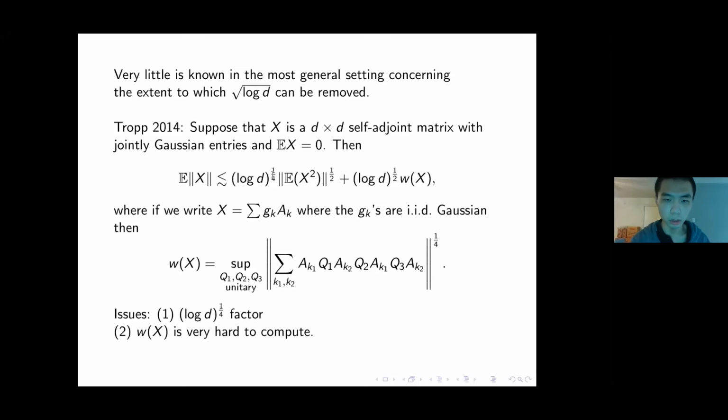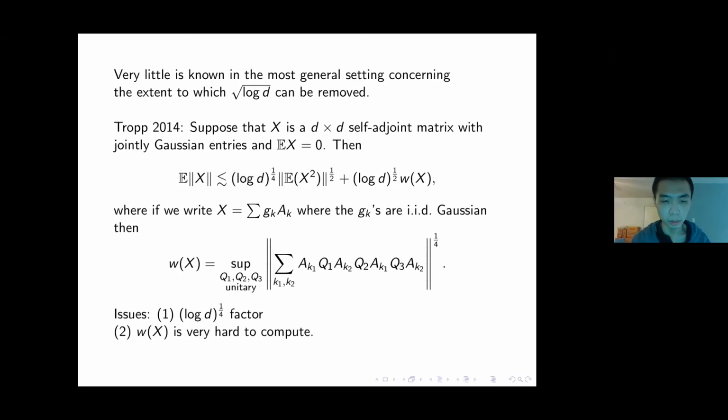First, there's still the log D to the power 1/4, so it's not yet dimension free. It still involves the dimension in the estimate. The second issue is that this one is very hard to compute in general because we have to take a supremum over all the unitaries Q1, Q2, Q3 inserted in between.